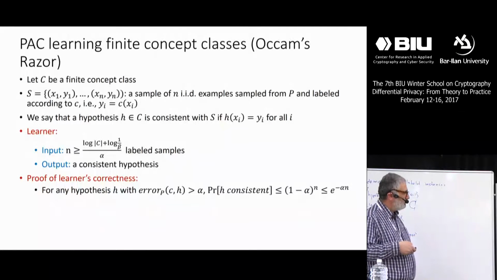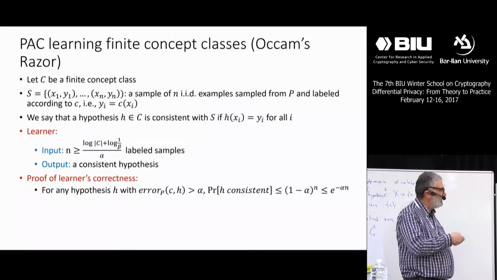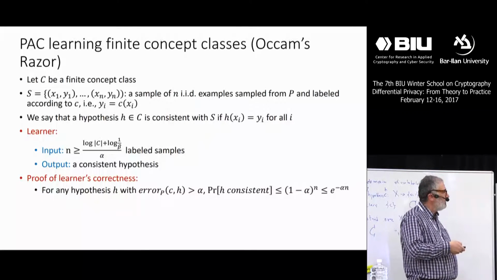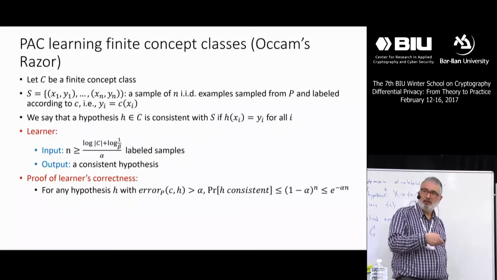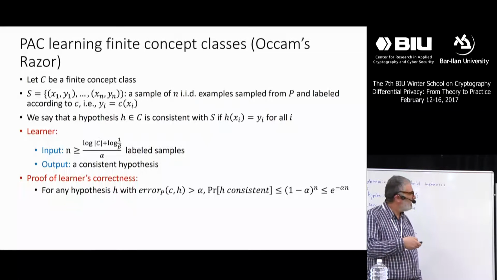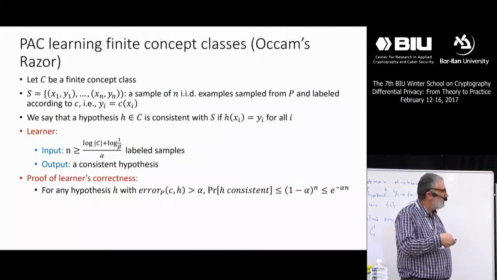And to see that, we're just going to use the bound that we used earlier. So if the error is greater than alpha, then the probability that we are missing a point where H and C are inconsistent, each sample is such a point with probability 1 minus alpha.